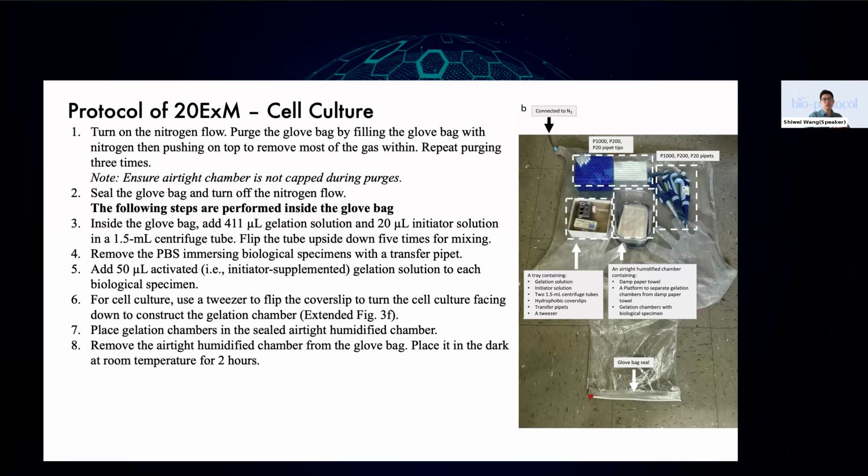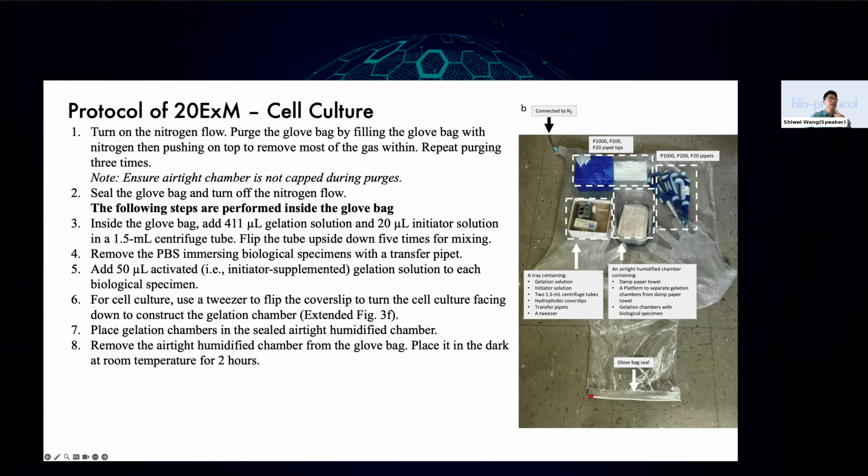So you're purging the bag to ensure that it's mostly nitrogen in the bag by the time you start performing the experiment. And you also want to make sure that the airtight chamber is not capped, because then nitrogen wouldn't be purged inside the chamber. So once you've purged it 3 times, you can seal the glove bag and it will fill up naturally.